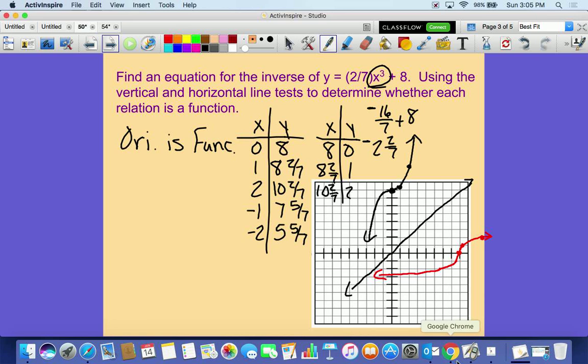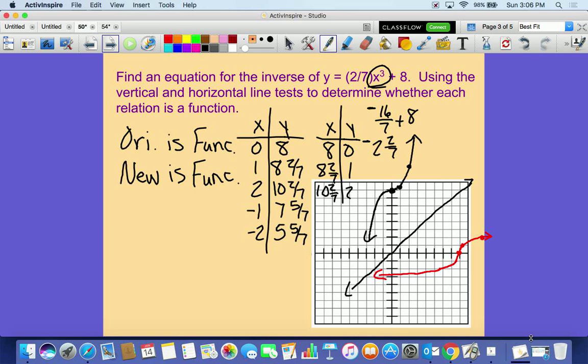We can tell from the inverse that if we use a vertical line test, the new function is also a function. Now, if you just graphed out the original and wanted to tell if the inverse was a function or not, you could use what's called the horizontal line test. It's the same thing as the vertical line test, except it's horizontal. If you only cross that line once in every spot, then it is also a function. You can tell that from actually graphing out our inverse and seeing it that way also.